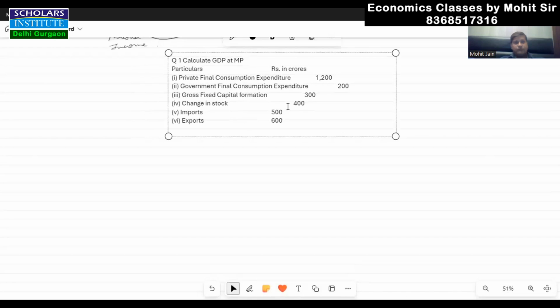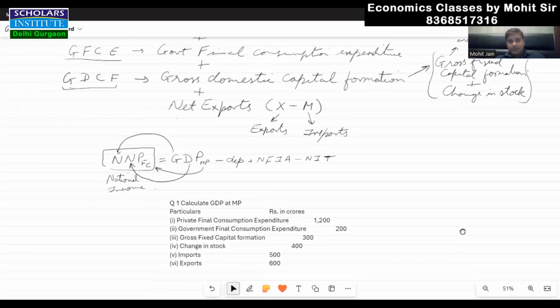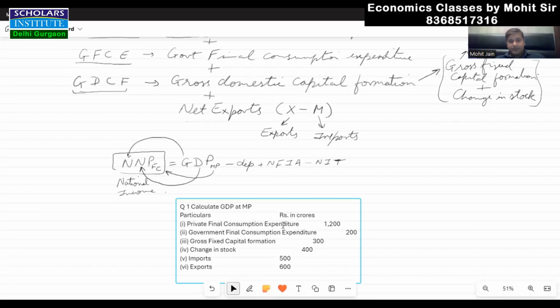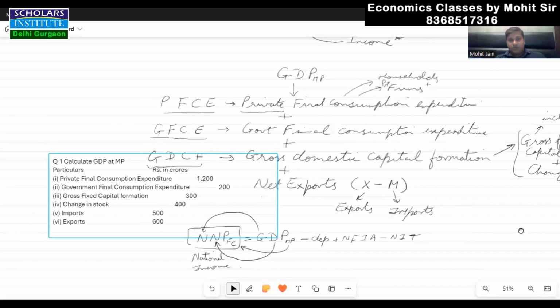You have to find GDP MP from the values that are given to you. Try this question. As we have discussed up there, let us put it into perspective. Let me take this question, the arrow itself, along with the formulas.